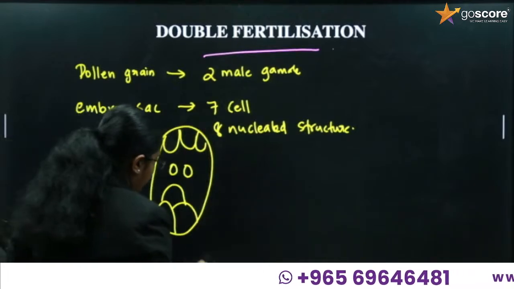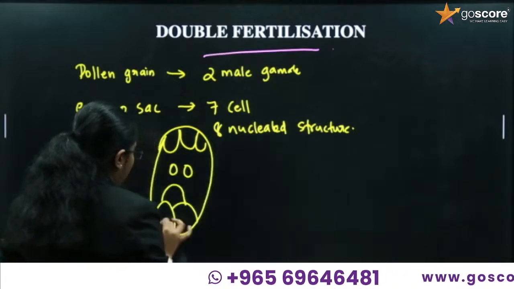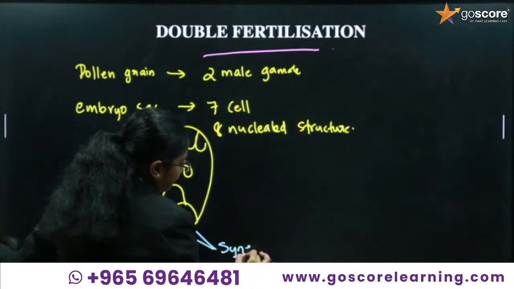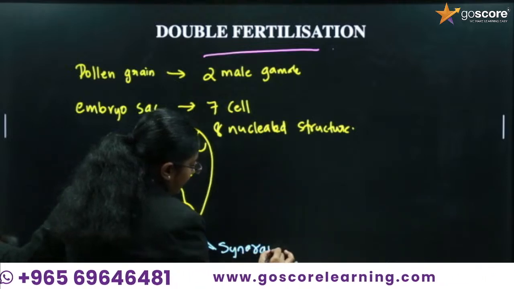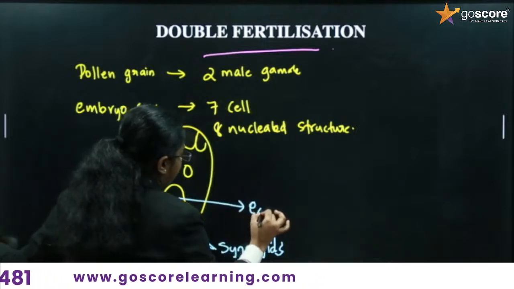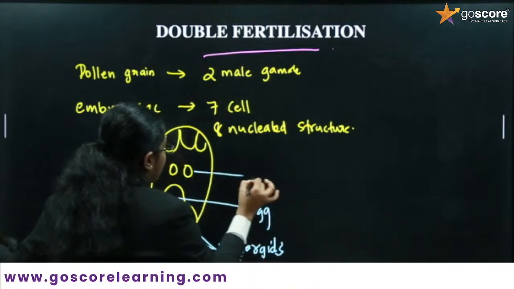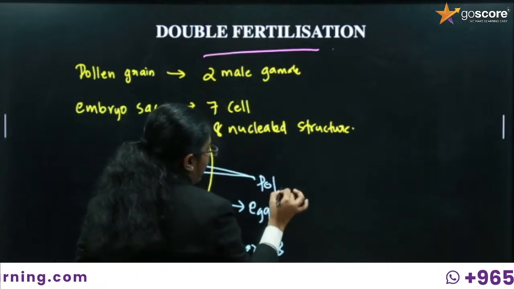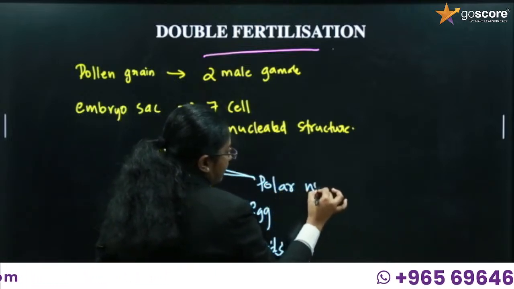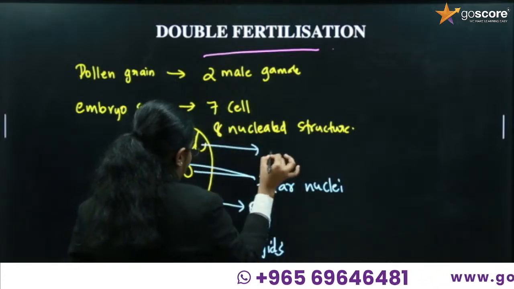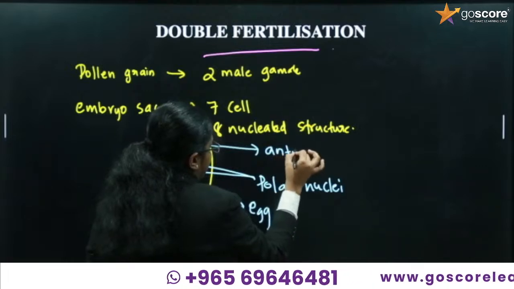These two structures are known as synergids. Then you have an egg cell. Then the central cell, both of which are known as polar nuclei. And these three cells together are known as antipodal cells, right?